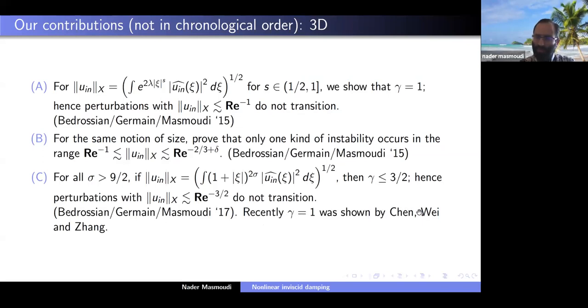And there was a very nice recent result by Shen, Wei, and Zhang proving that it is one, even in Sobolev spaces. In the previous result we had with Jacob and Pierre, we proved that gamma is one in some Gevrey space, but one can even push it to Sobolev space.